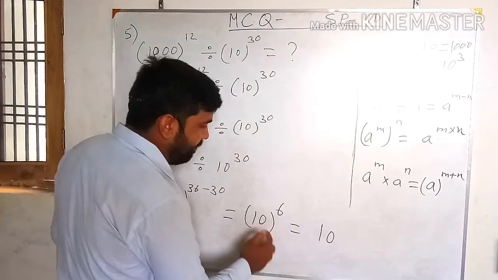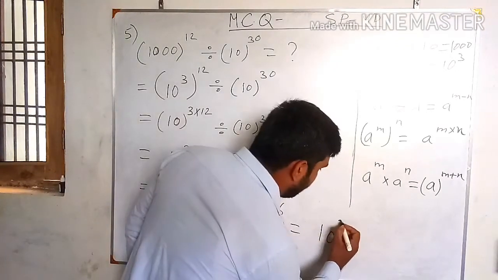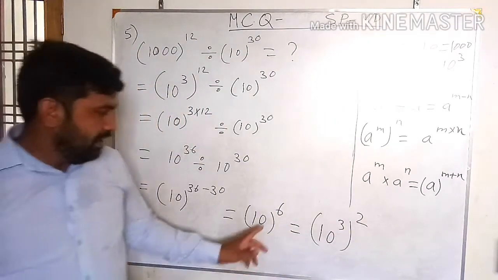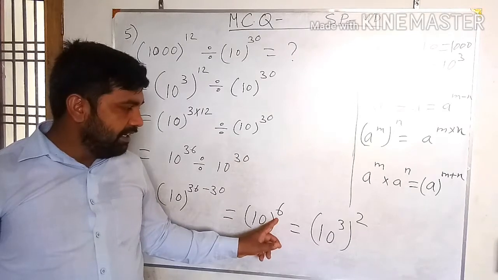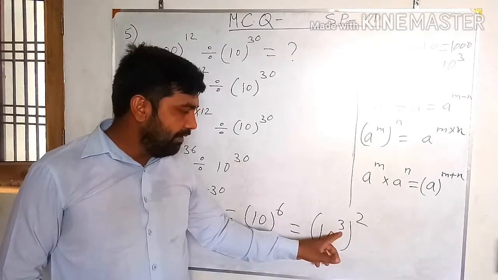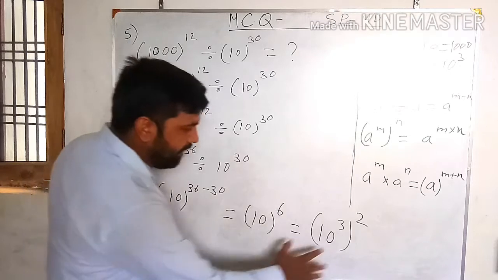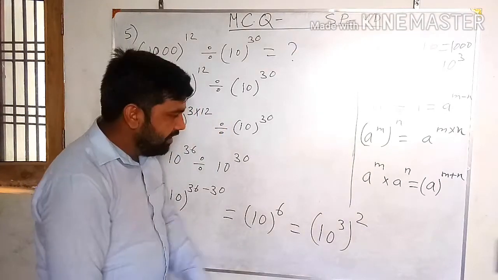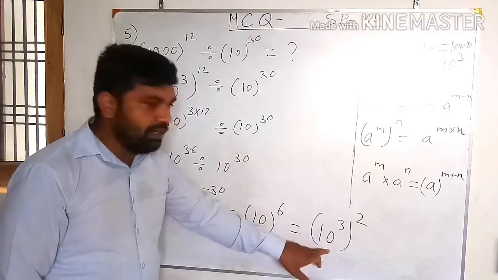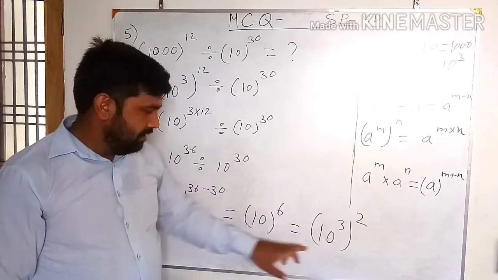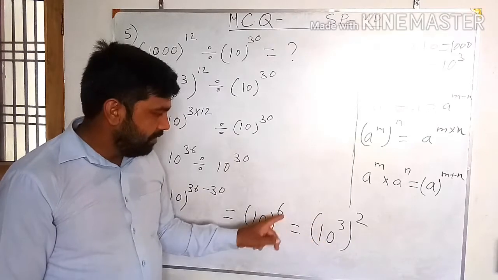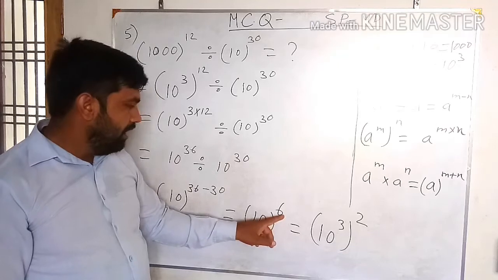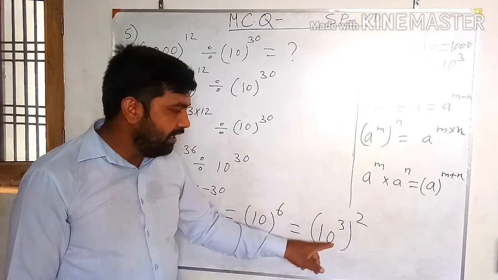So we can write 10 to the power 6 as (10 to the power 3) whole to the power 2. Using the power law, 6 can be split into two factors, 3 multiplied by 2, as we did earlier with 3 twelves are 36. The 3 is raised over 10 and the 2 is raised over the whole base.